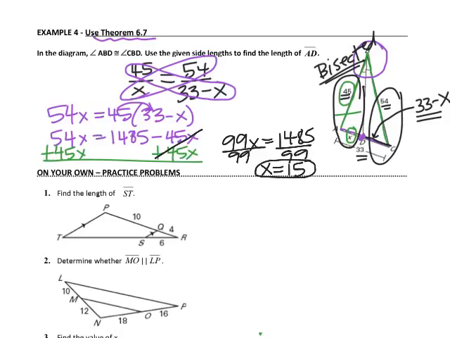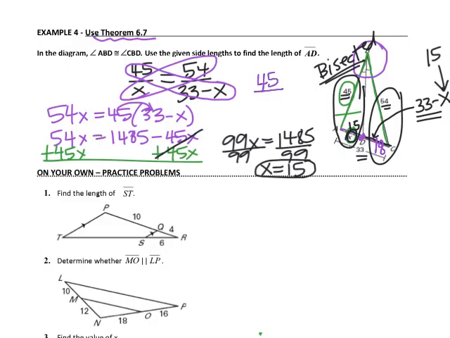So to check and see if my answer is correct, what I can do is plug 15 in here because that's what x is. And then I can also say, well, if x is 15, then this length right here is going to be 18. And I'm going to set up a new proportion to check to see that my work is correct.